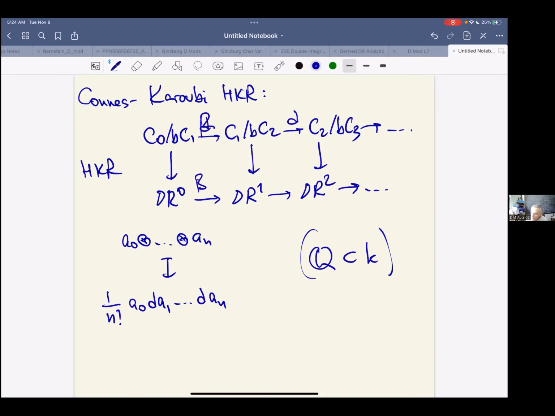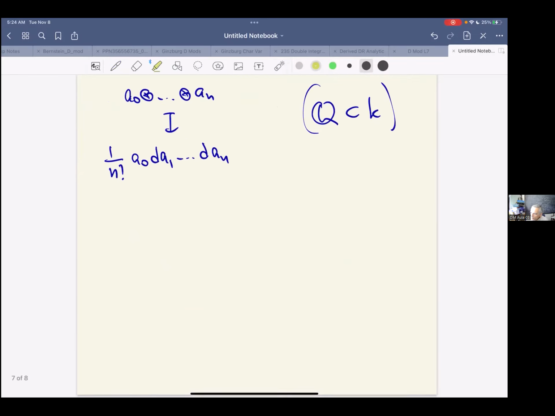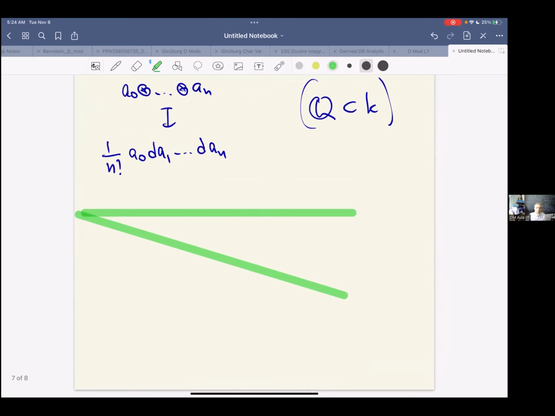Oh, sorry, no, this is capital B. Okay, so Ginzburg and Schedler noticed that you could extend it, and I think I noticed it in this form.